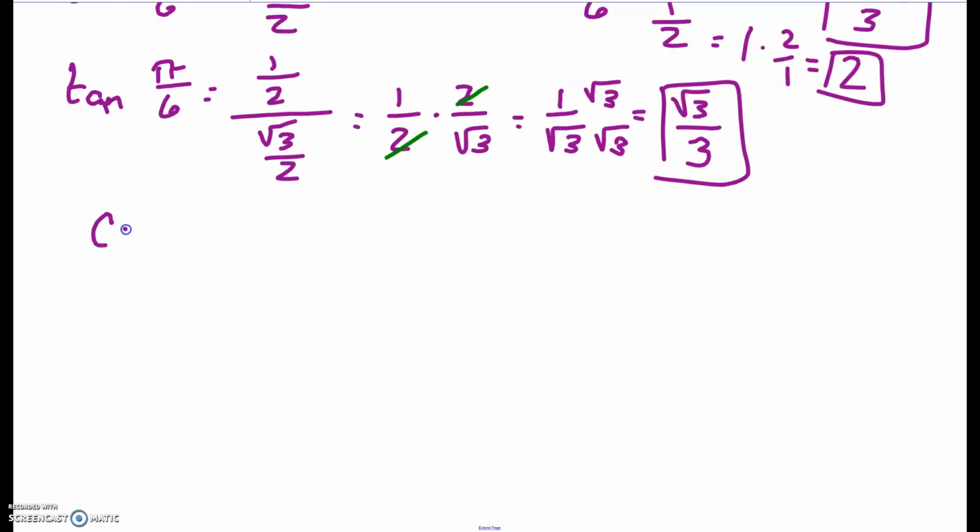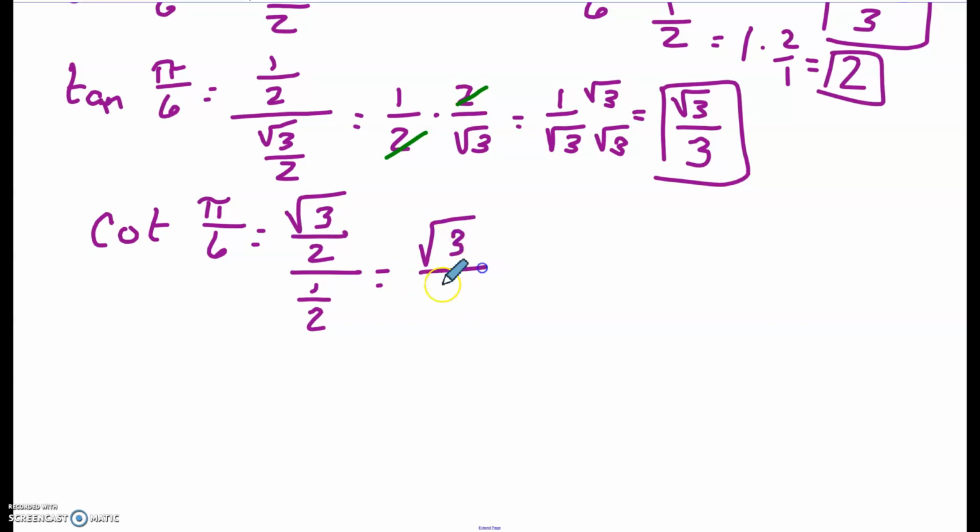And finally, cotangent. That would be our cosine value divided by our sine value, x divided by y. Change that to multiplying by the reciprocal.